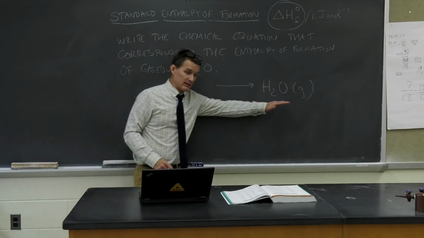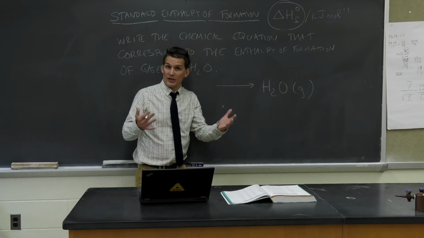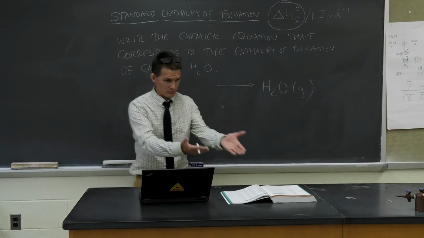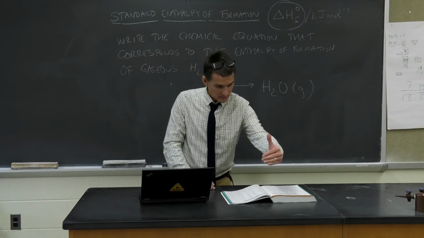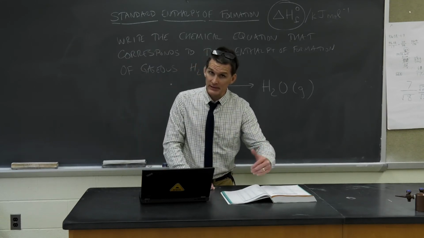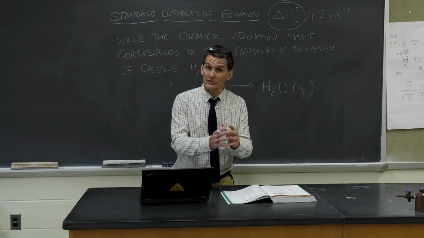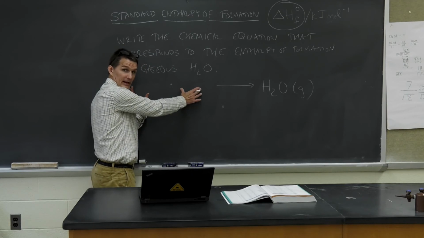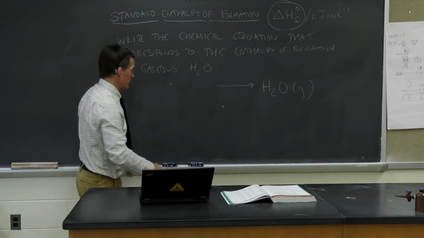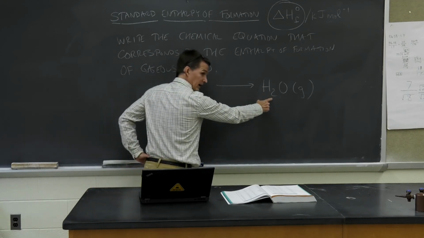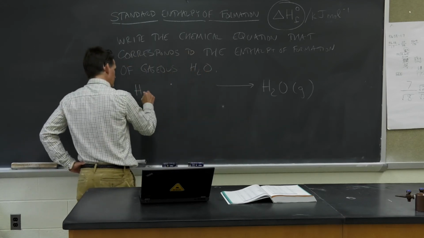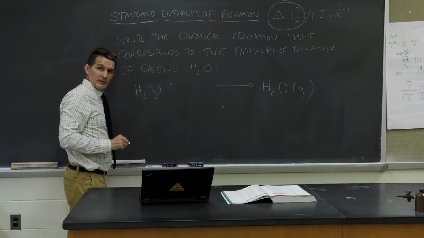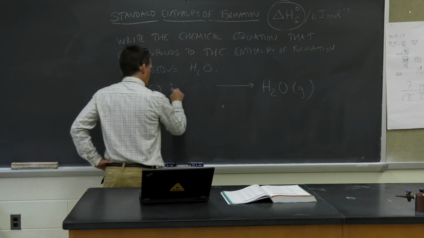Now I'm going to need to make this water from the elements in their standard states. So I'm going to look through my thermodynamic values for the chemical species for which the enthalpy of formation is 0, and I'm going to write those as my reactants. If I go through the chart, I'll see that the elemental form of hydrogen is H2 gas, and the elemental form of oxygen is O2 gas.